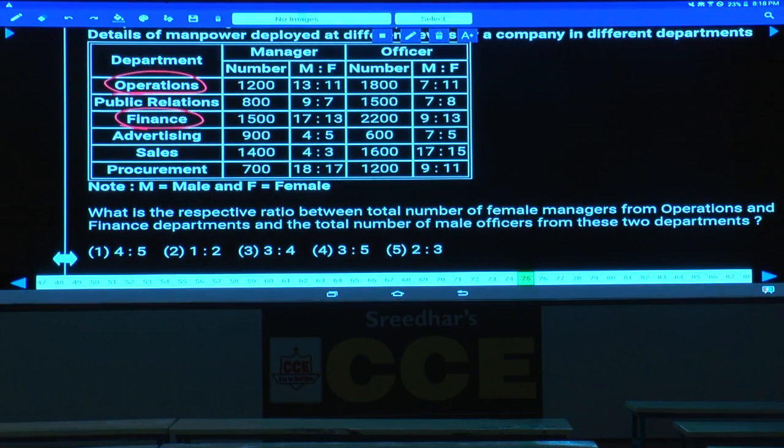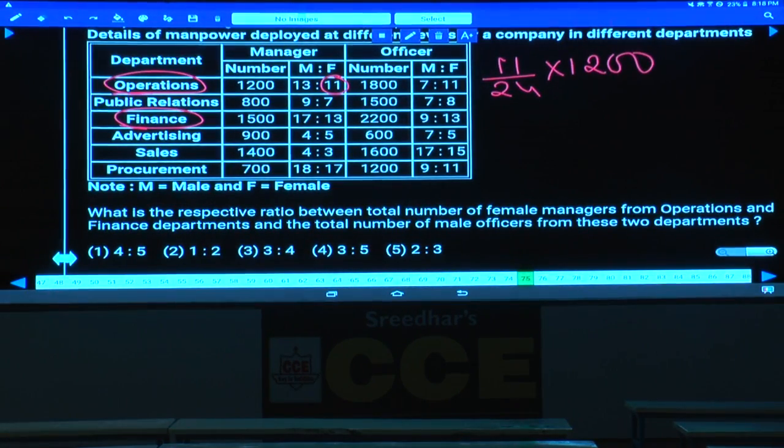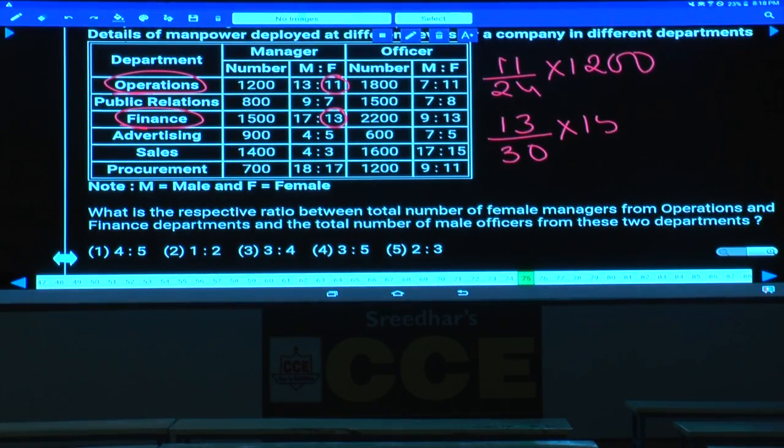Female managers, how many parts we have? 11 out of 24 among 1200. 13 out of 30 among 1500. 24, 50 times? 50 into 11? 550. 30 how many times? 50 times.